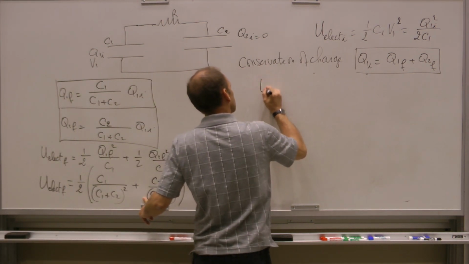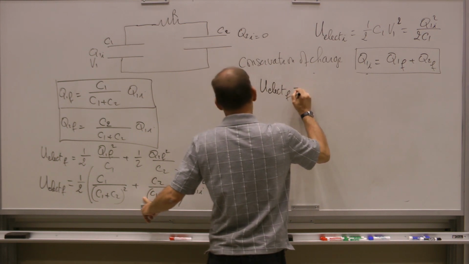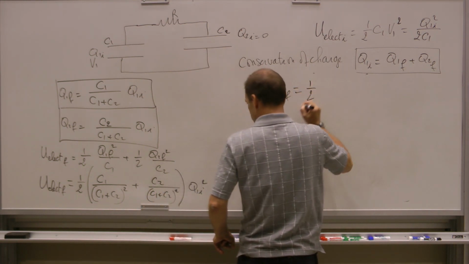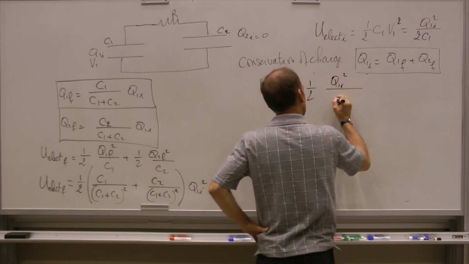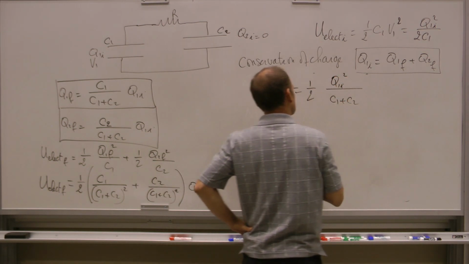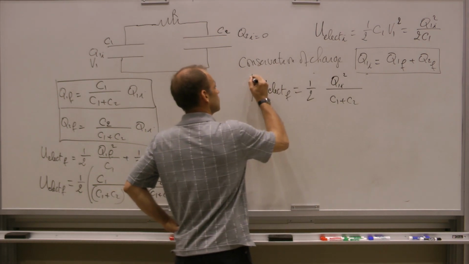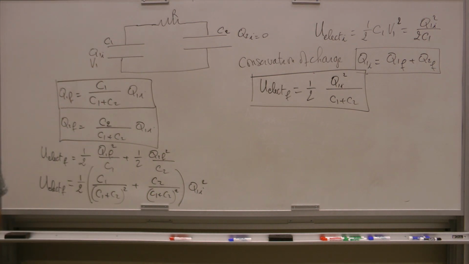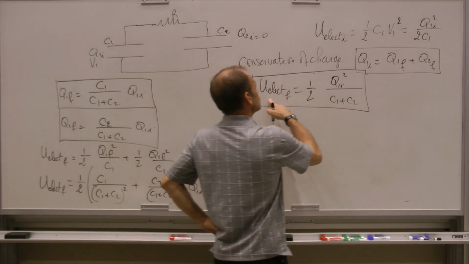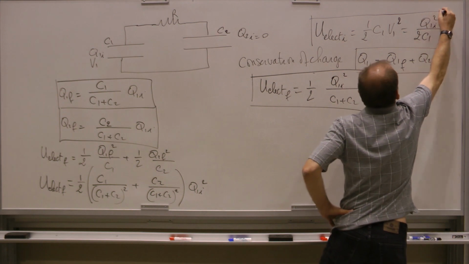You get U electric final equals 1/2 of Q1 initial squared divided by C1 plus C2. Voilà. So we have our initial and we have our final.